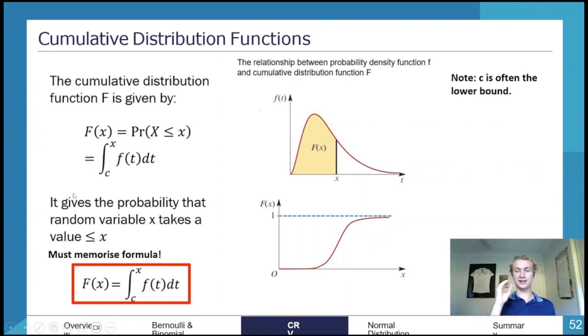So what I want you to understand is that when we're talking about the cumulative density function, it's giving us the probability that capital X is less than or equal to x. So it's just simplifying what you could work out using a probability density function. But the cumulative density function is going to be this nice linear formula or something because we've already done the integration.